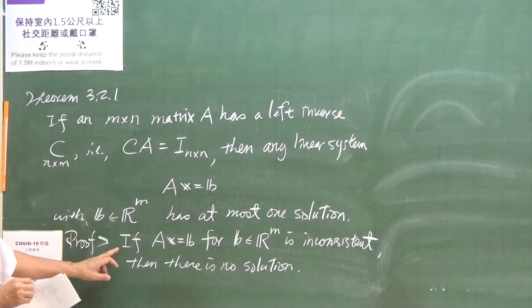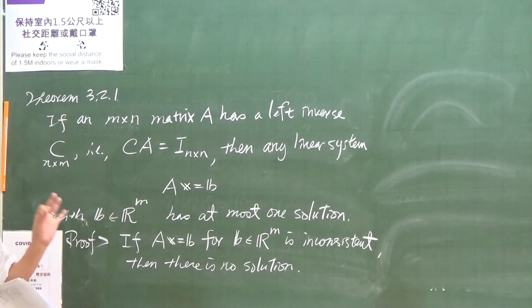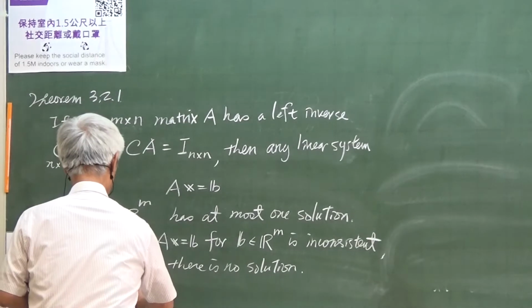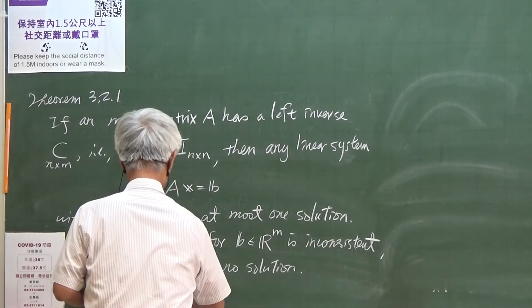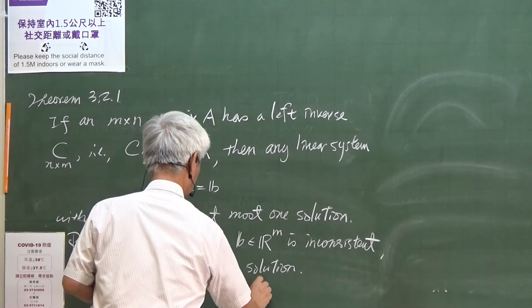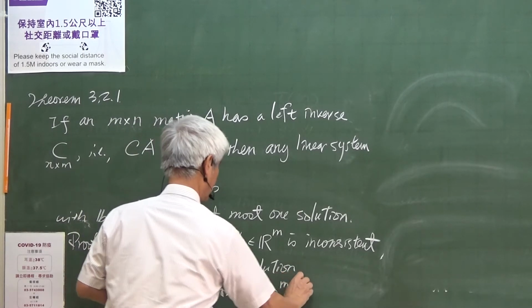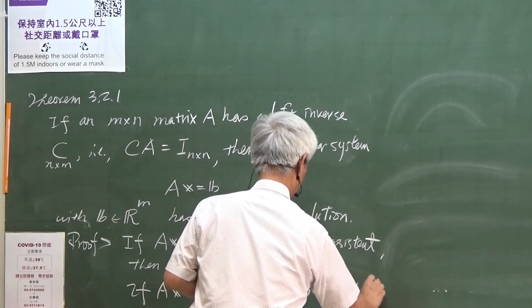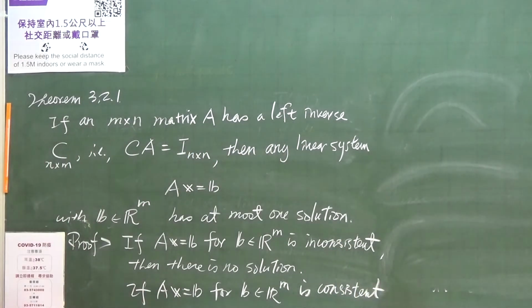So the first case is fine. The second case is that the linear system for B in Rm is consistent. It means that there is at least one solution.